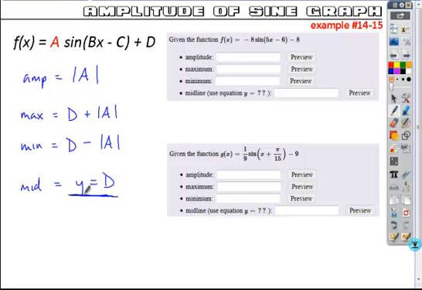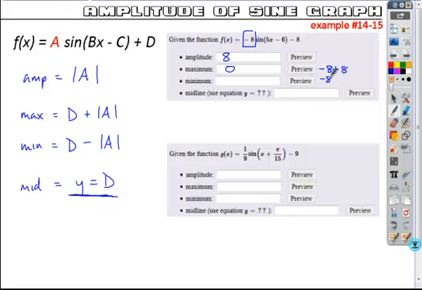So when you look at a problem like this first example right here, the amplitude is the absolute value of the multiplier in front. So it's just going to be 8. The maximum is going to be our midline, negative 8, plus this 8, so 0.